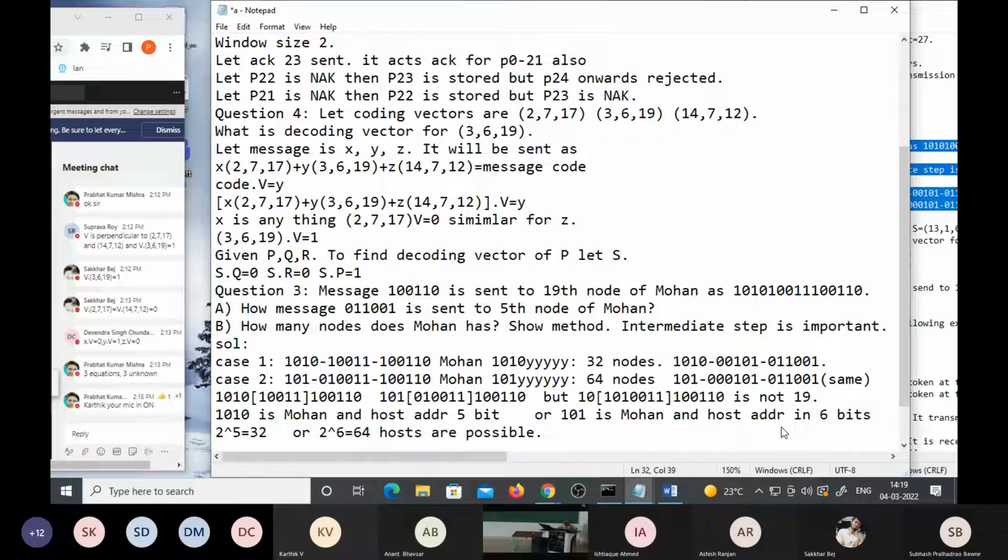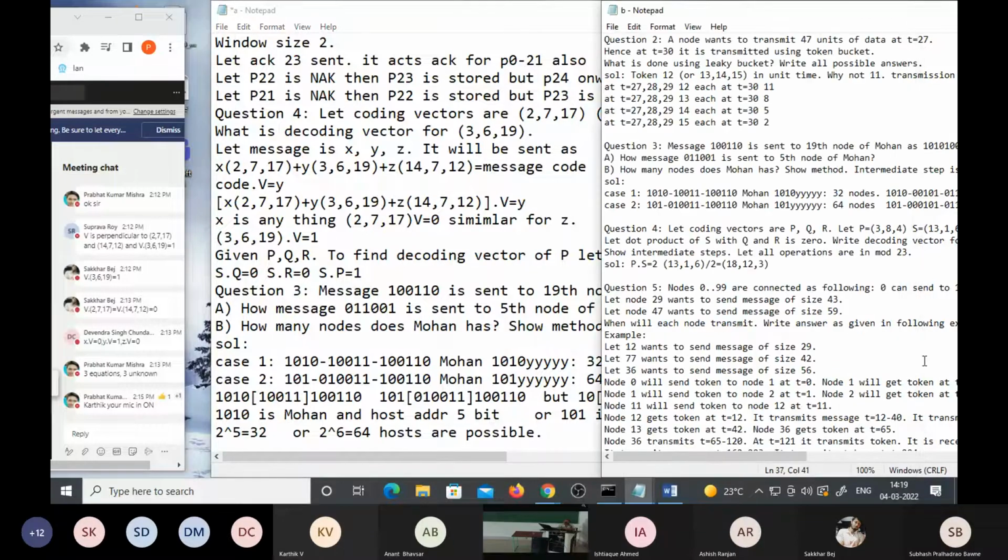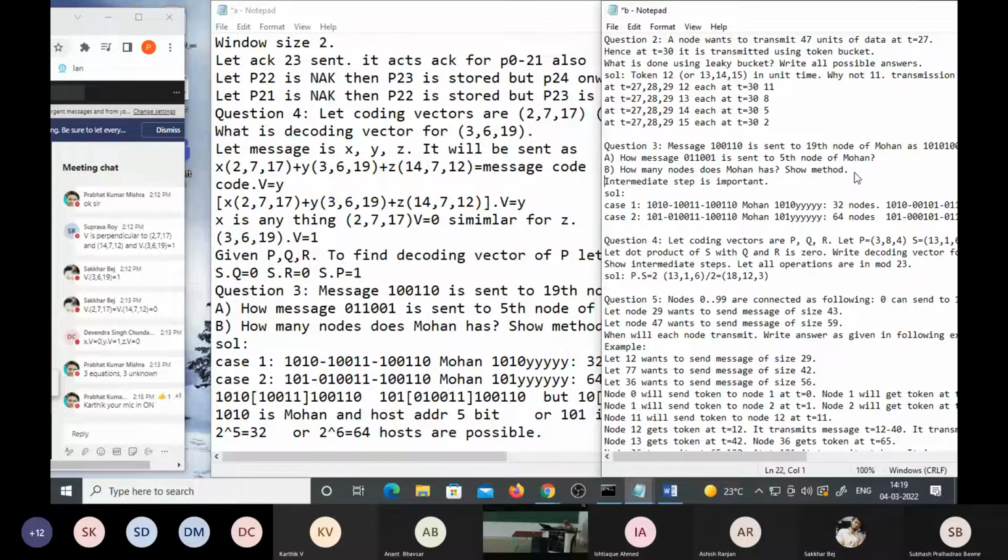Is it all right to you? If you have not followed this method, then marks will not be given, because it was written so. Intermediate step is important. It is written.